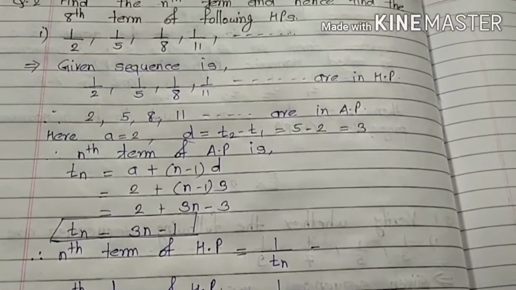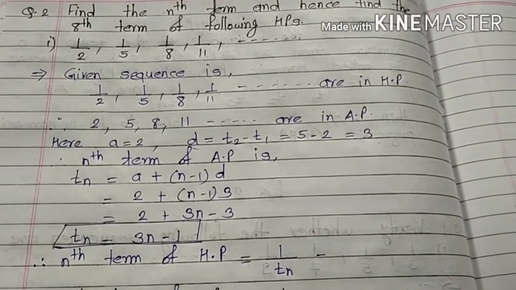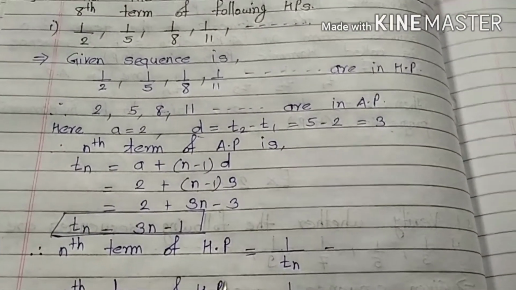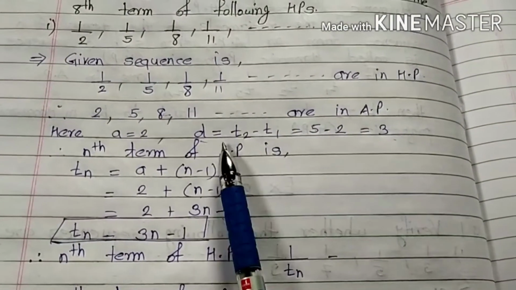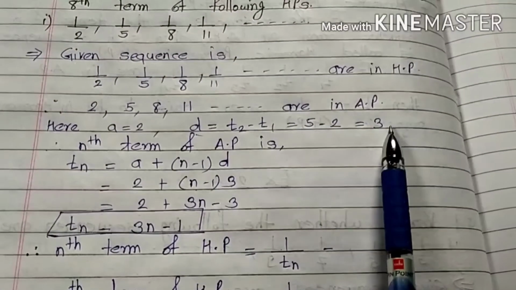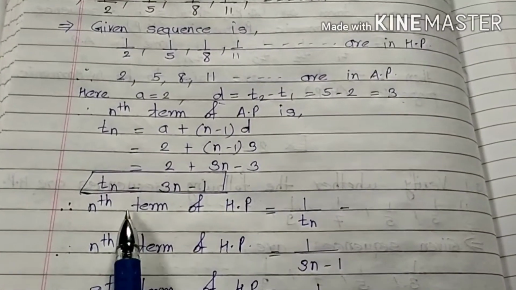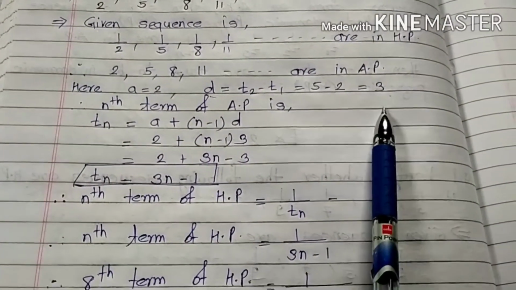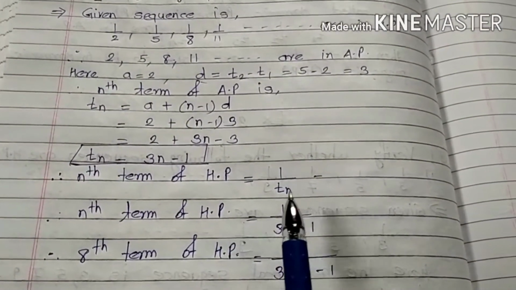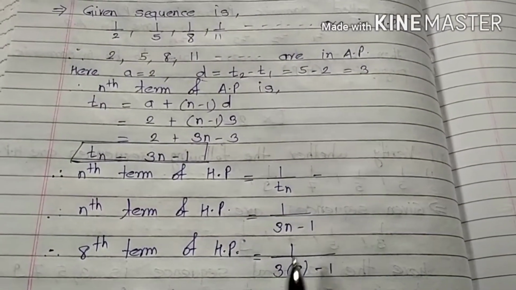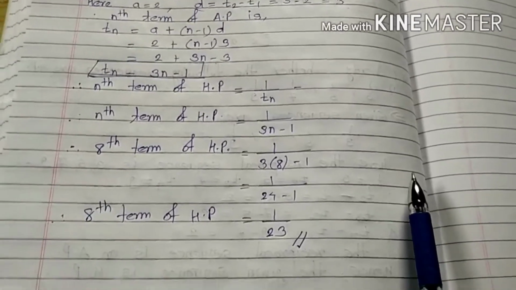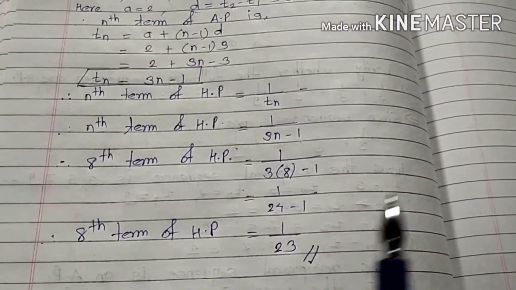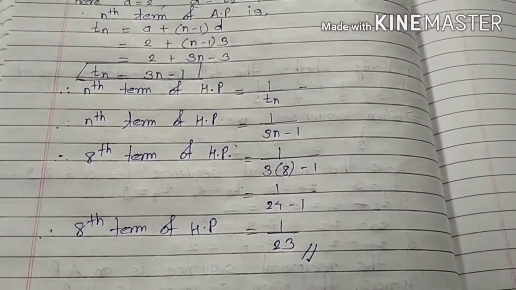Now it is very simple to find first the nth term and then the 8th term. First take the given sequence, then take the reciprocal of this sequence, which is AP, then find Tn of AP, and then by taking its reciprocal we get the nth term of HP. So here we also have the 8th term of HP. So this is our final answer.